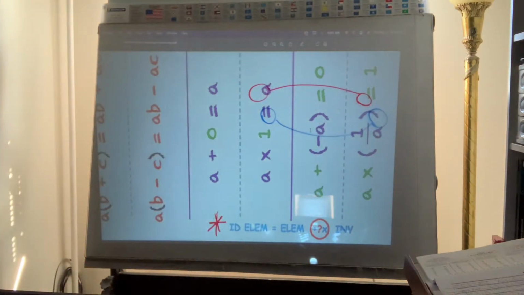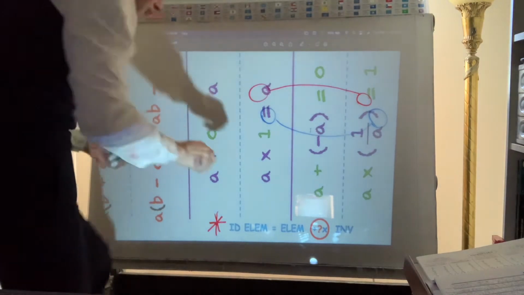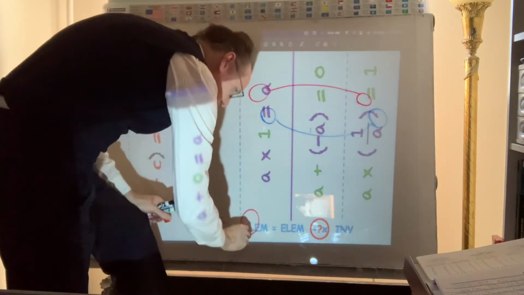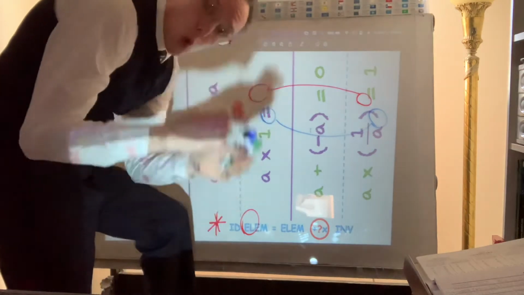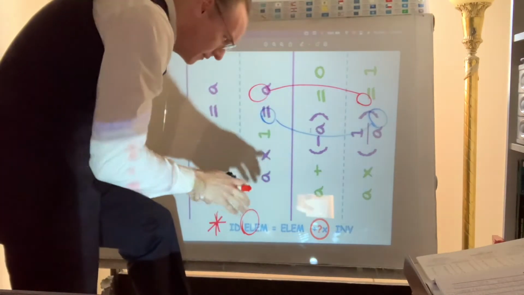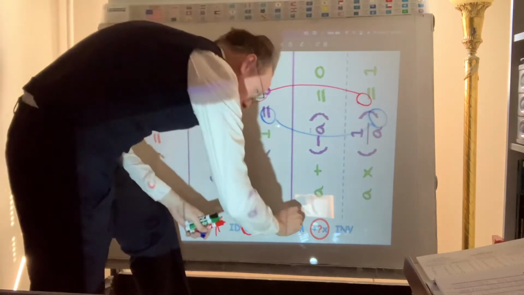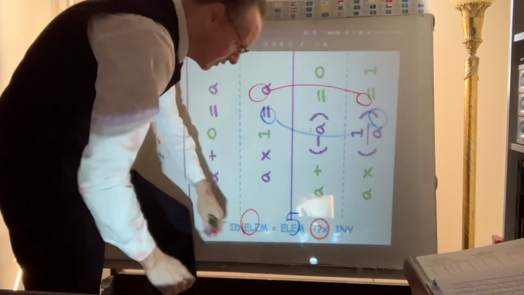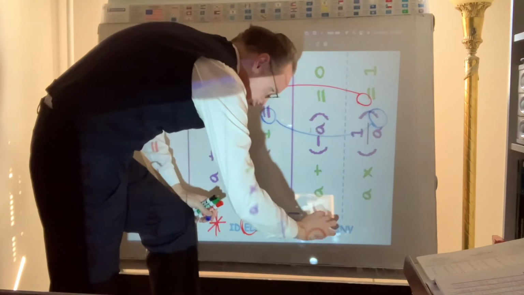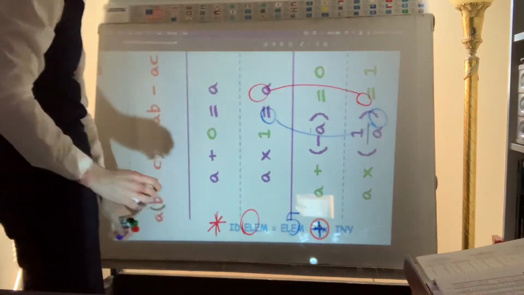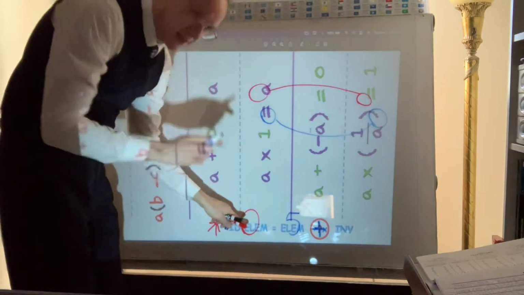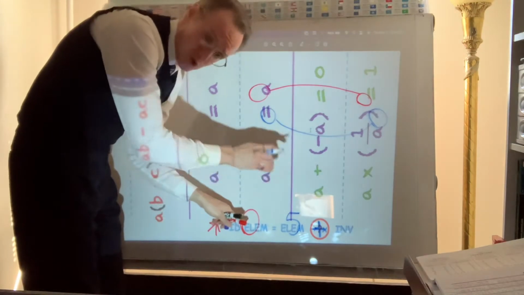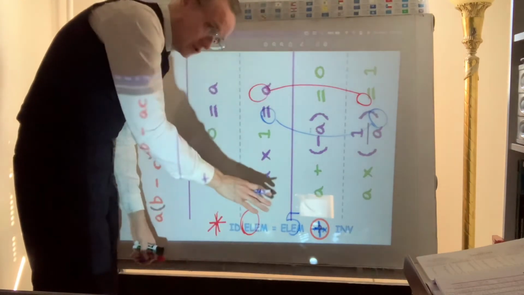So for example, if the identity element is 0 and the element that you're working with as part of the set is, say, the number 5, then already I could tell you you'd have to have addition involved in here, because 0 is the identity element you're going to associate with addition specifically.